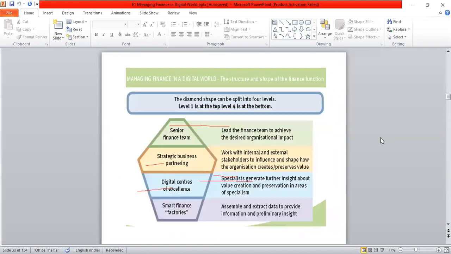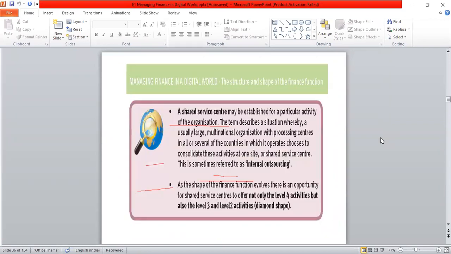When we look into what is SSC, SSC talks about a shared service center that may be established for a particular activity of the organization. So the operational activity is all carried out at a particular place or a unit, maybe in one area, one location, where this is set up.